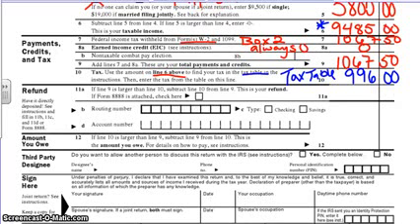This is telling us this is the money that we're getting back. So when we just simply subtract the two, you're going to get a refund of $71.50.